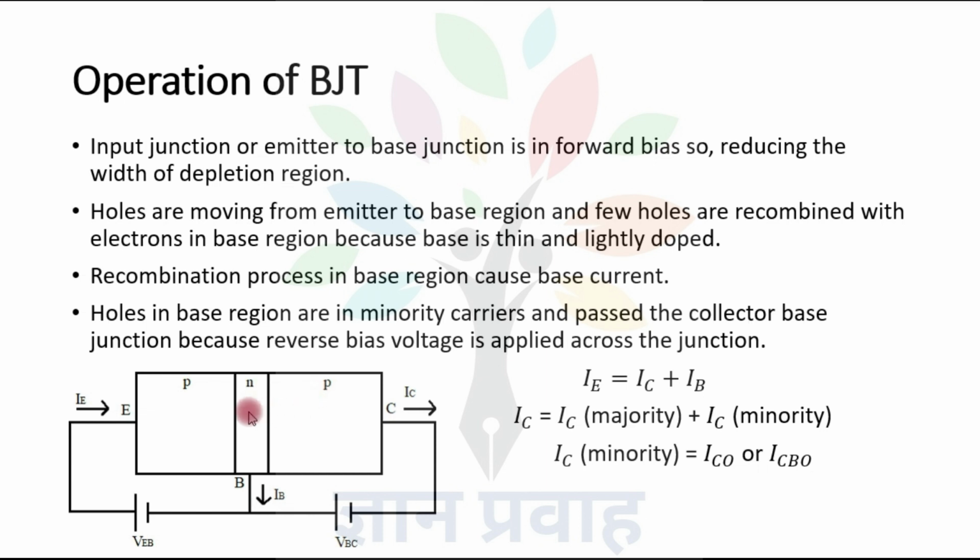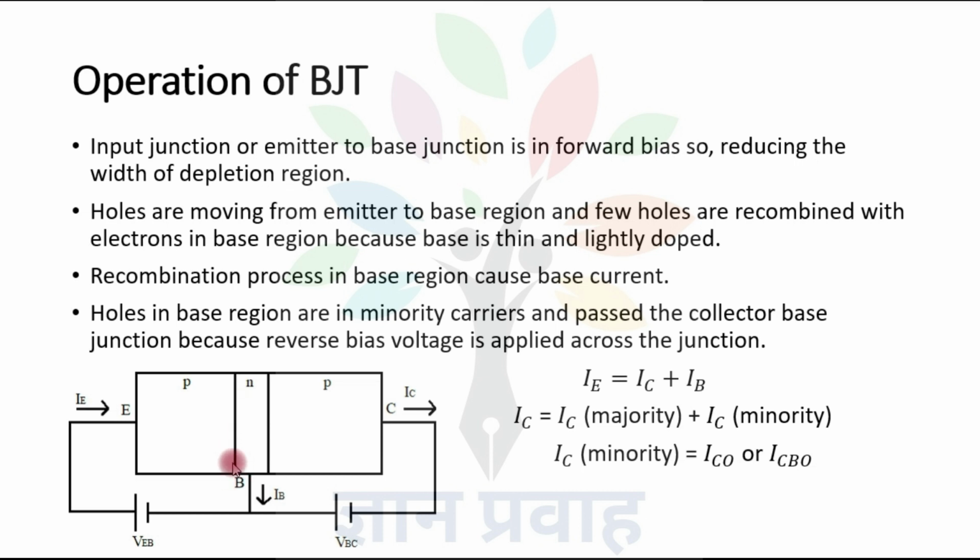So in case of PNP transistor, the input junction, that is the emitter base junction, is forward biased while the collector base junction is reverse biased if this device is operating for amplification purpose. It means this junction is forward biased, so the depletion region is very narrow.